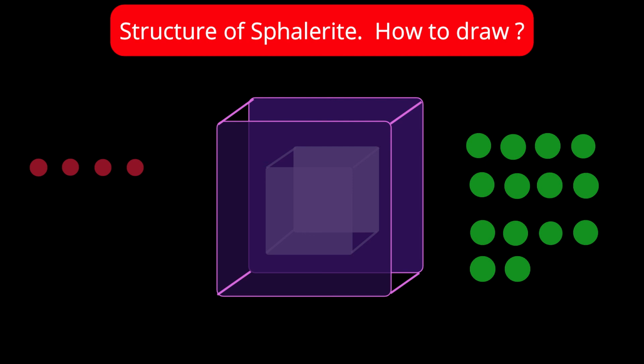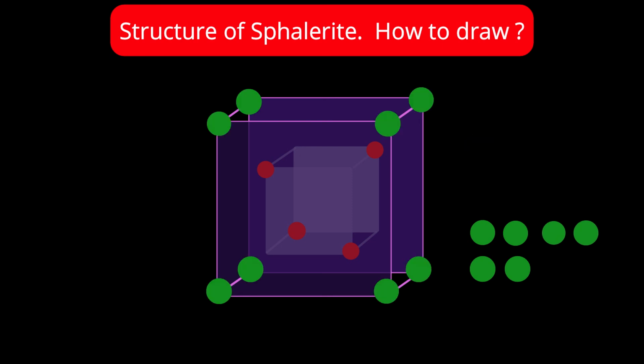And I need 14 sulfide ions. Those are represented by green color. They are larger in size compared to zinc ions. I placed 4 zinc ions at alternate corners of the inner cube. Could you imagine their arrangement?